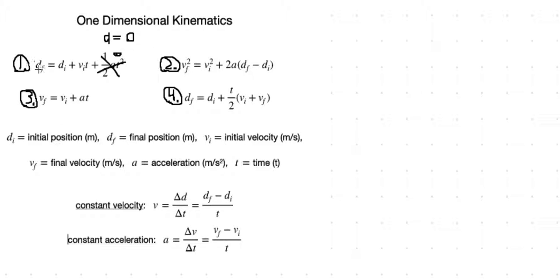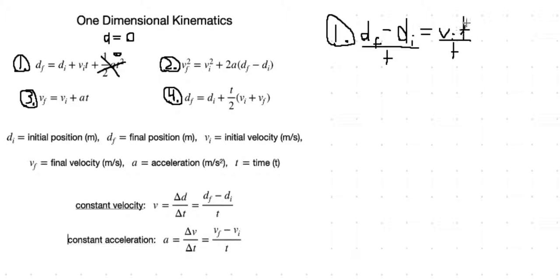So then we just have df is equal to di plus vit. So now let's just rearrange that to see if we get it into the constant velocity form here. So now we could subtract di from both sides. And now we divide both sides by t. So now these t's cancel. And then we have vi is equal to df minus di over t.